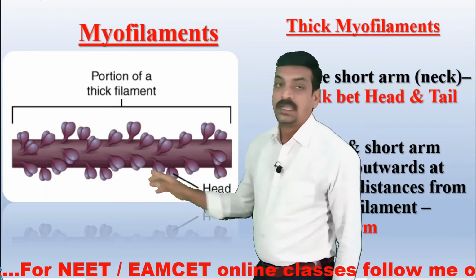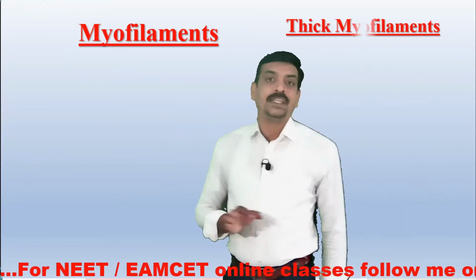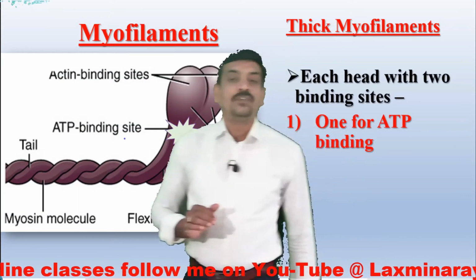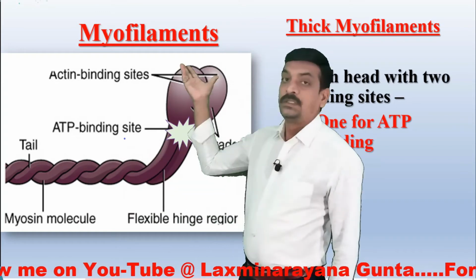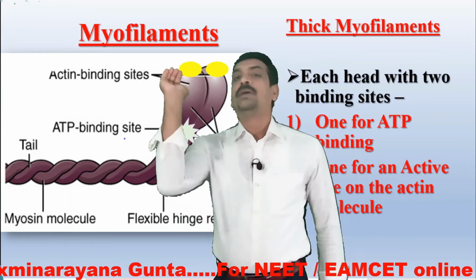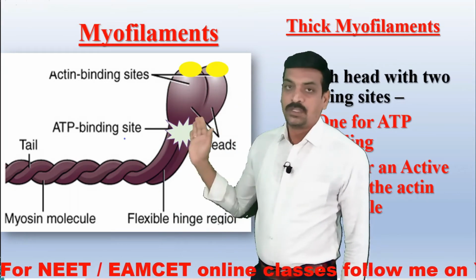These are the heads, and each head has two binding sites. This one is the site for binding of ATP, and this one is the site that binds with the active sites of the actin protein.